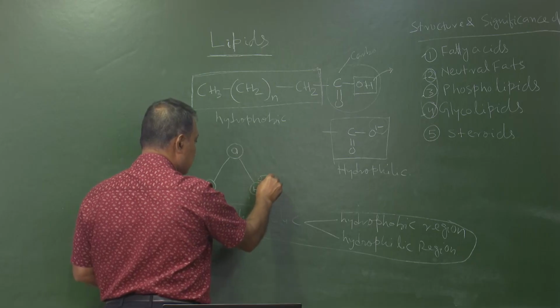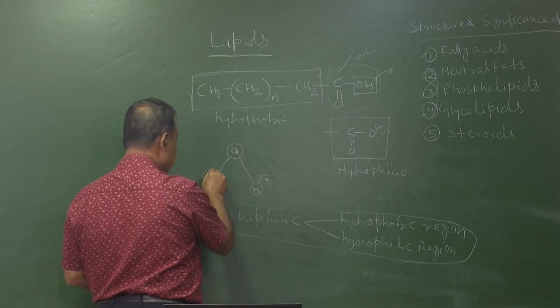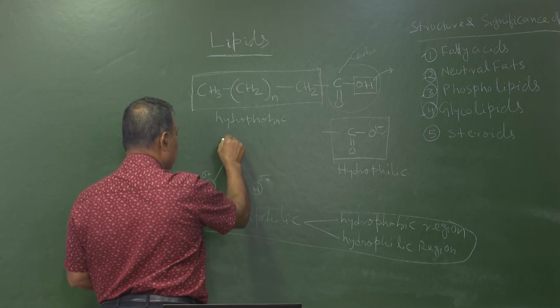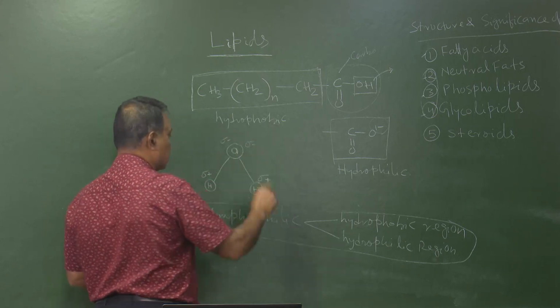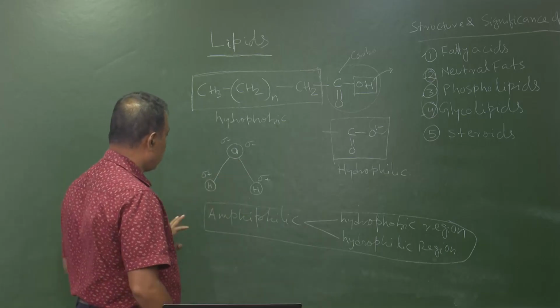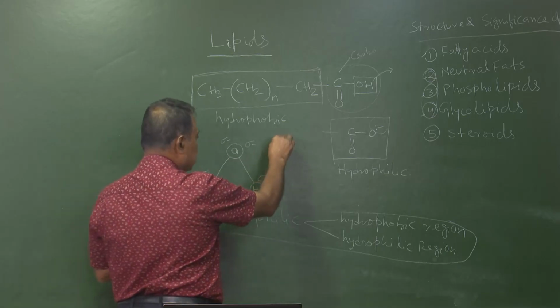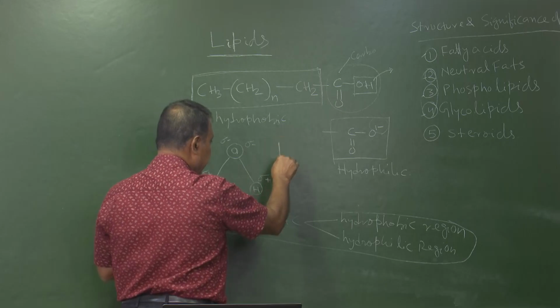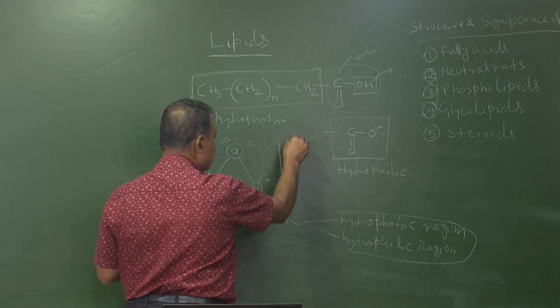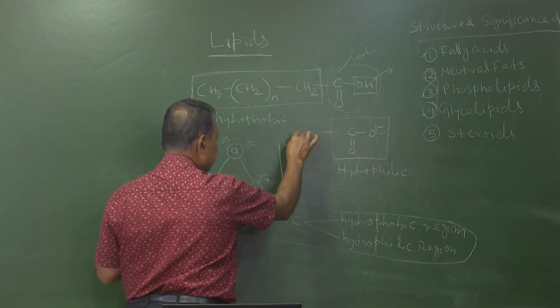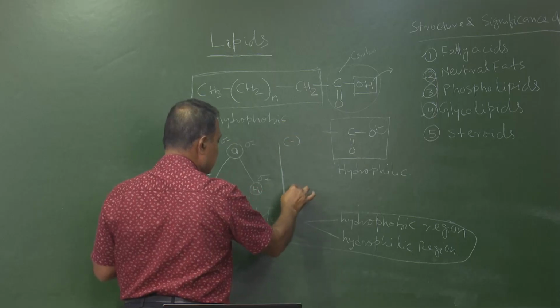We will find a small positive charge here, and there are two small negative charges on the oxygen. So if we say this is the axis of the molecule, this has a negative side and this is the positive side.